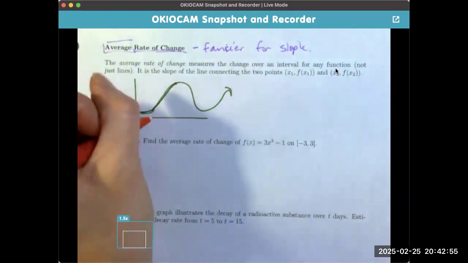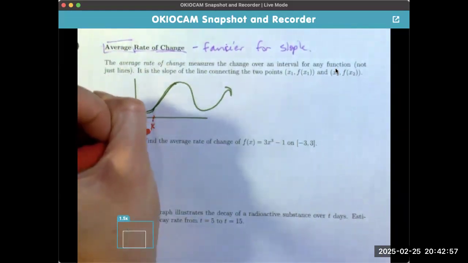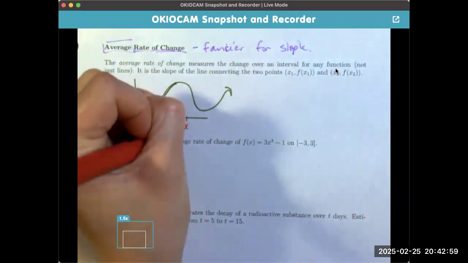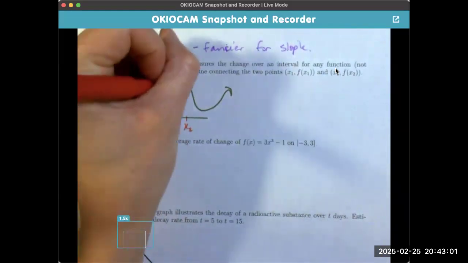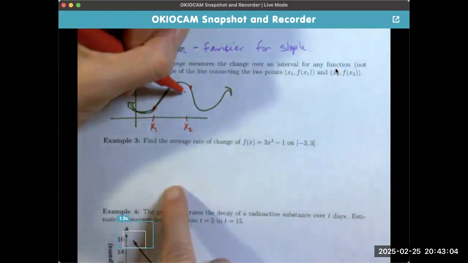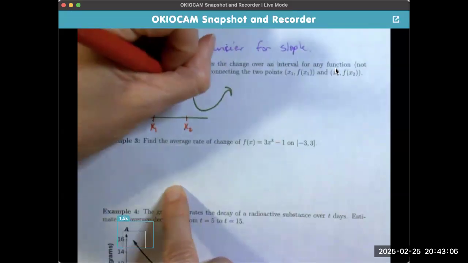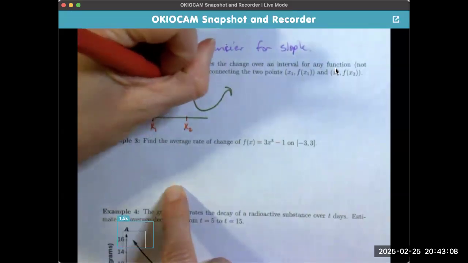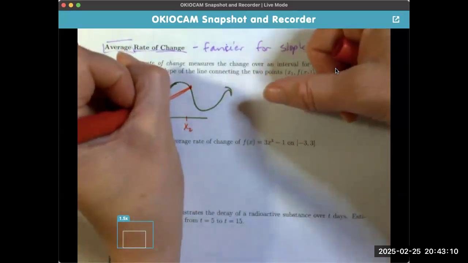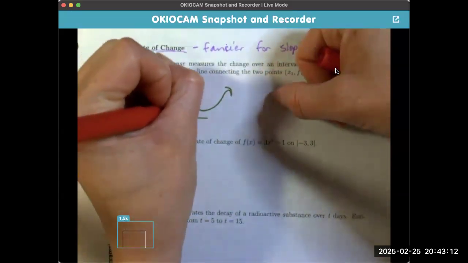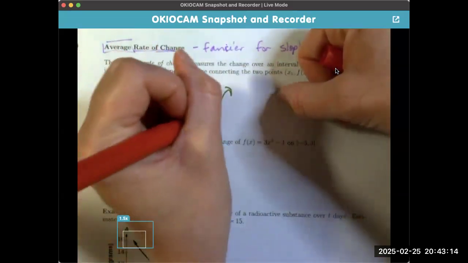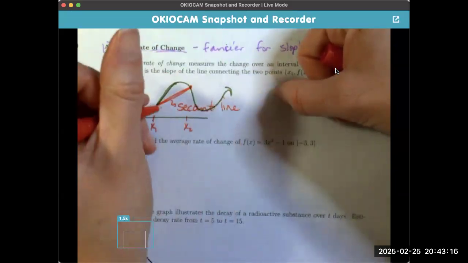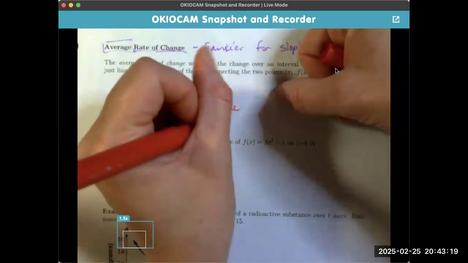Well, say this is x1 and this is x2. If I want the average rate of change between these 2 points, we're literally just connecting the dots. We're creating this line, which is called a secant line. And we just find the slope of this line.